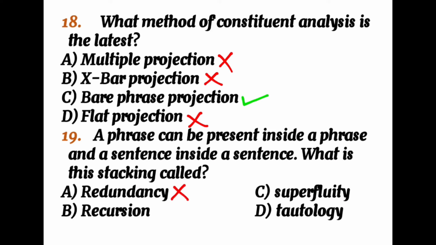Recursion, yes, this is certainly a correct option, but we must have some knowledge about the other remaining two options. What are they? Superfluity. If you have read about unities in English literature, unity of place, time and action, now take into account unity of action.